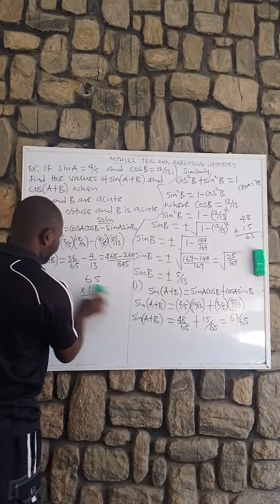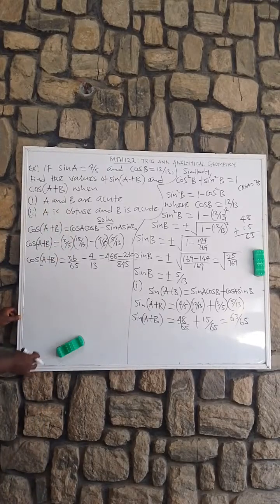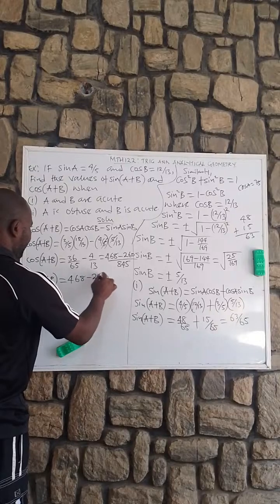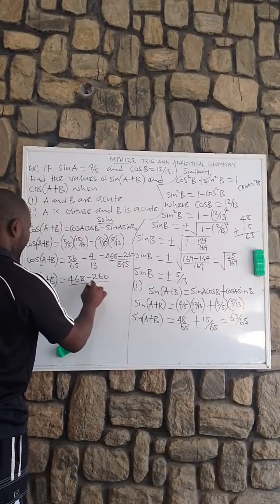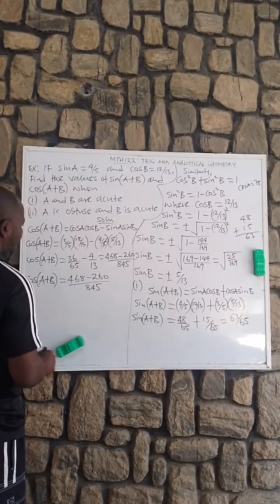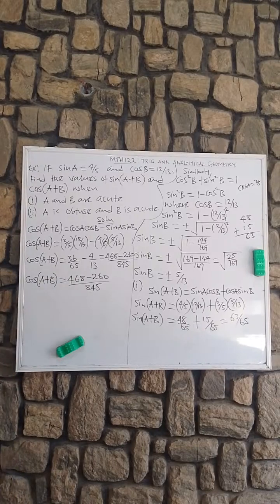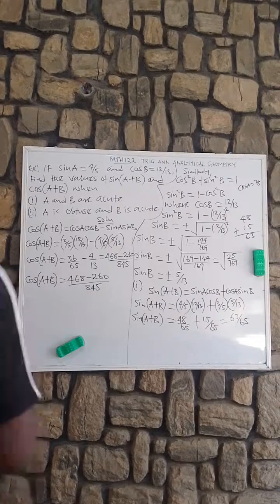Am I right? True or false? So 468 minus 260 all over 845. Right? Am I right? Okay?